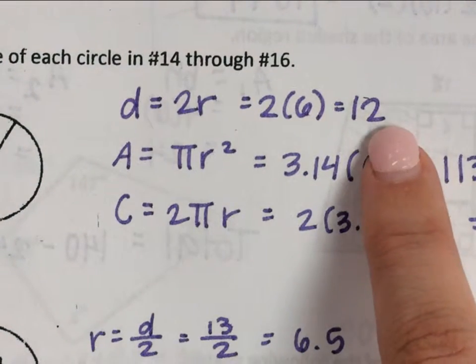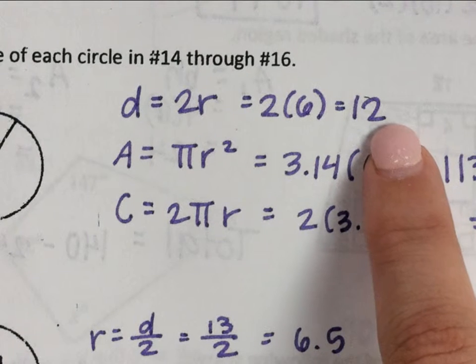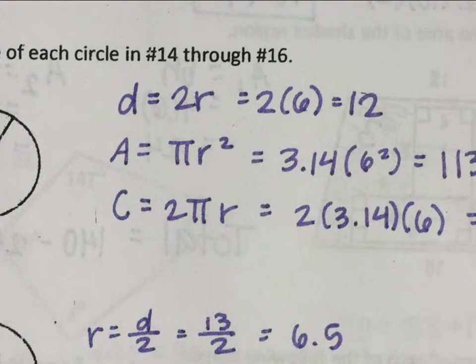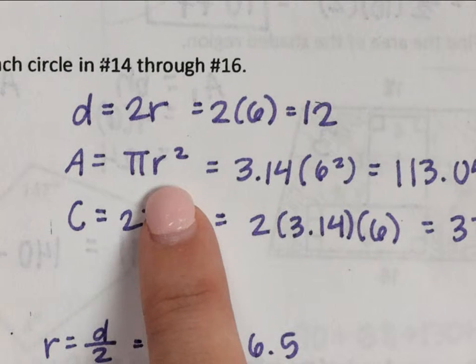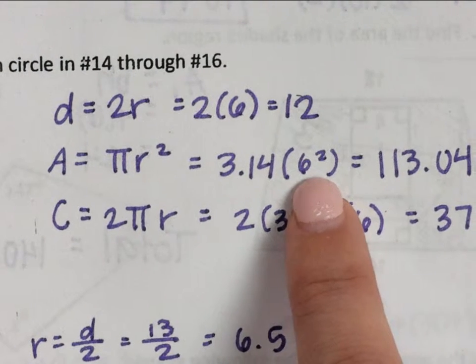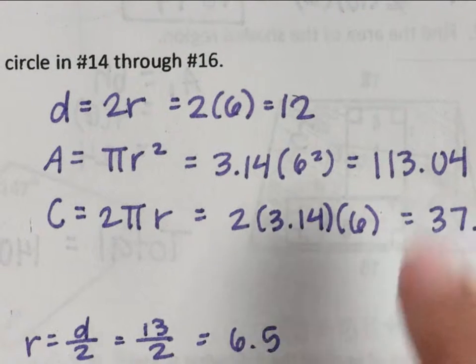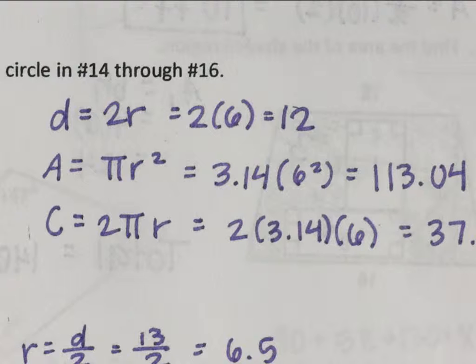In this case, my diameter is 12 inches. And then your area, remember you only have one formula for area, pi r squared. So you are just plugging in that radius, 6, for r. So your area is 113.04. What type of units? Inches squared, or square inches.